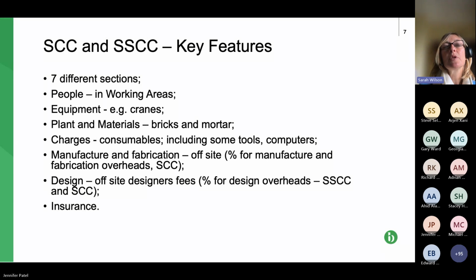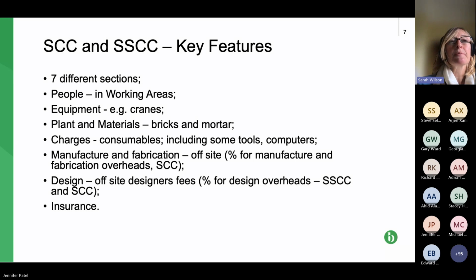It includes some costs of testing. So to my mind, they're not going to be huge amounts of money. It also includes some site equipment, so not your site cabins, but all the kit that goes in the site cabins, and also some small tools. So again, we'll have a look at that in more detail, but it's a miscellaneous bunch of costs.